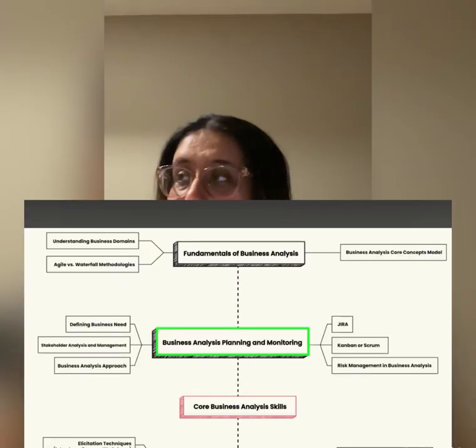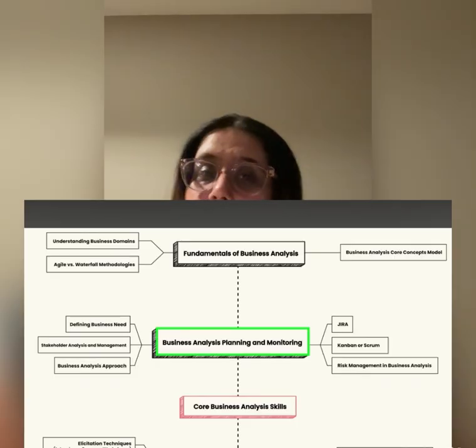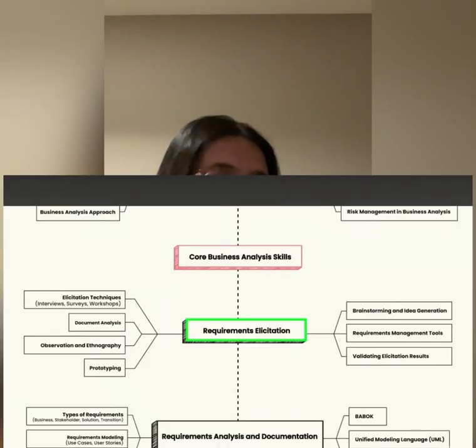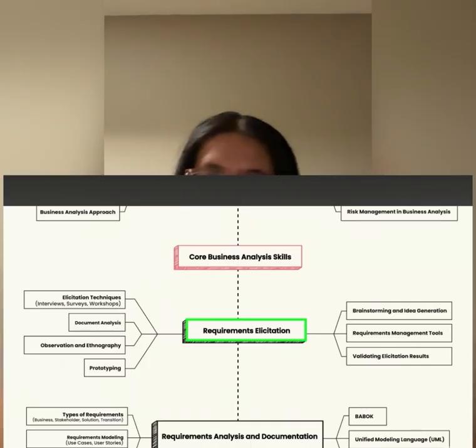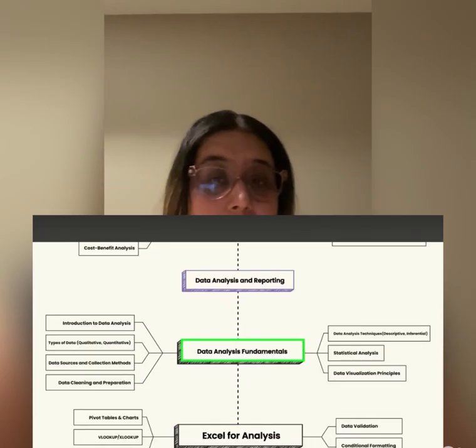After that, we will explore requirement elicitation, learn how to analyze and document requirements, understand solutions, validations, and finally cover data analysis tools like Excel, SQL, Tableau, and Power BI. And of course, we'll talk about one of the most important skills for a business analyst, communication and stakeholder management. So let's get started.